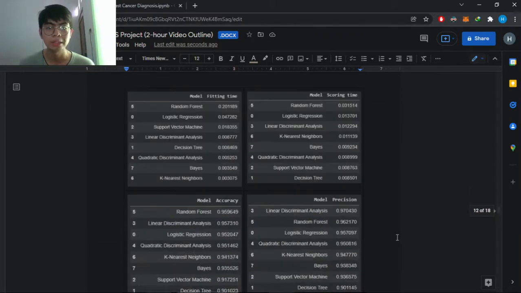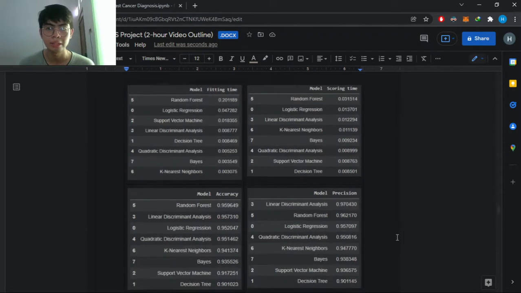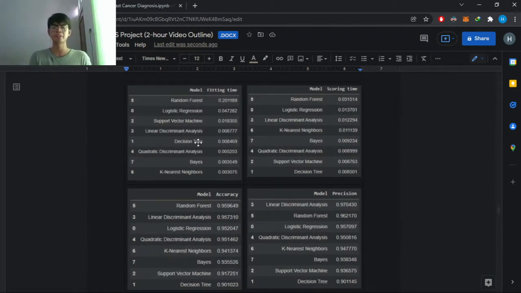Perhaps we can take a look at the individual scoring methods. First we look at fitting time and scoring time. Technically here, the lower the better. This is sorted in descending manner, which means the one on top performs really slowly.